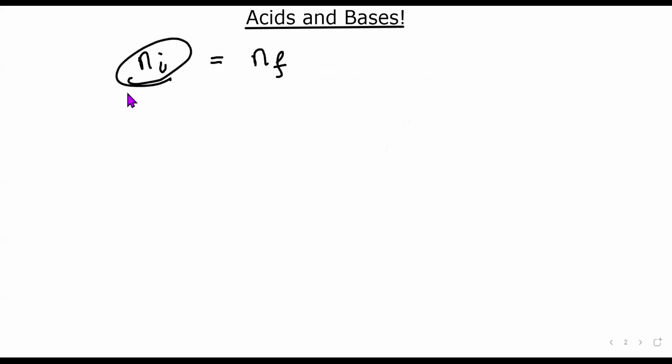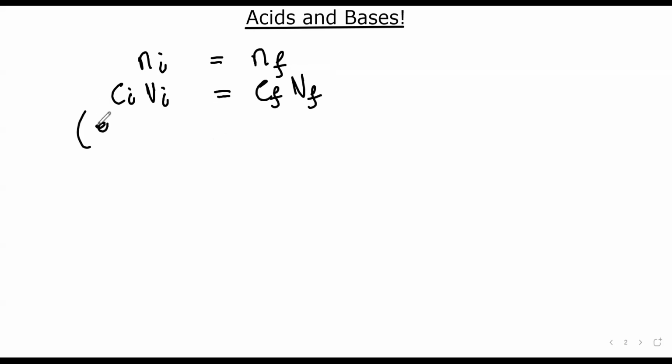But now we are going to define the number of moles as the initial concentration times the initial volume, which is equal to the final concentration times the final volume. Originally, we had a concentration of 9 mole per cubic decimeter, and we took a volume of 10 cubic centimeters. For this formula, you don't need to convert the volume to cubic decimeters because the units will actually cancel out.